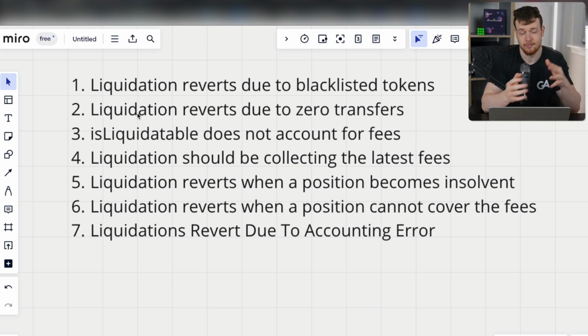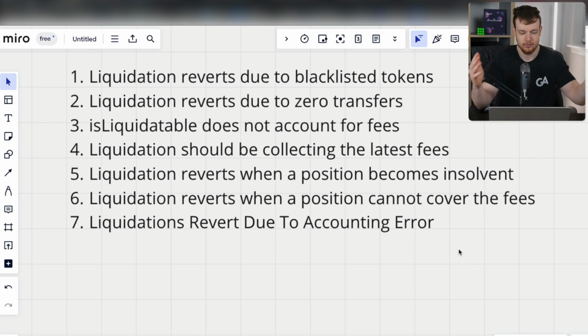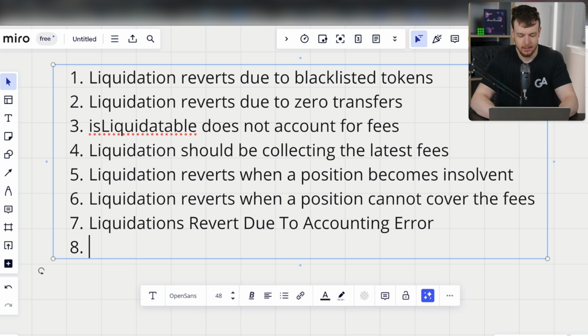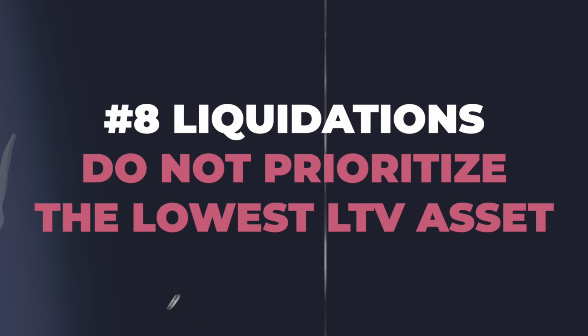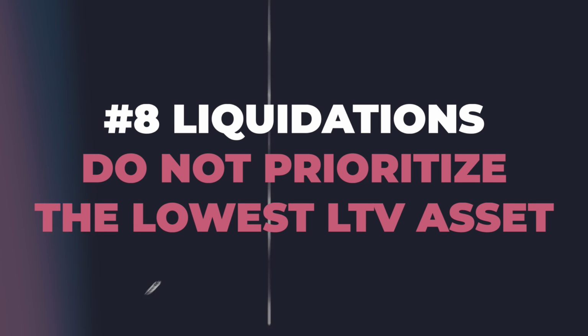These things will prevent a liquidation from happening, and they'll be more on a protocol specific, implementation specific basis, but those are still very, very bad edge cases that prevent liquidations and increase the chances of bad debt, protocol losses, etc., etc.